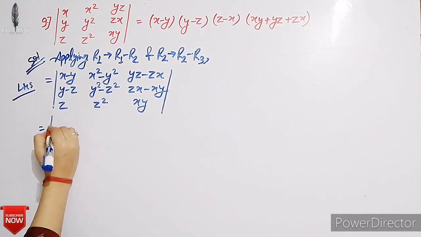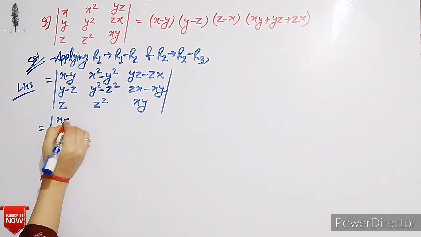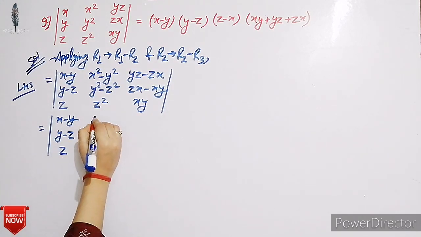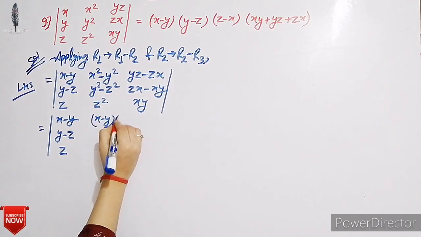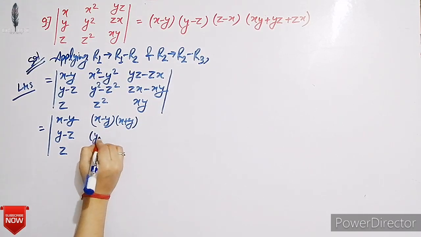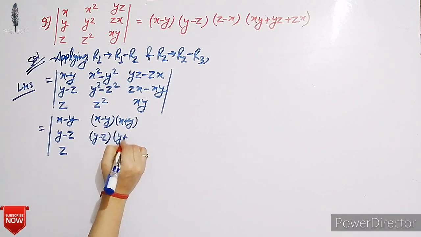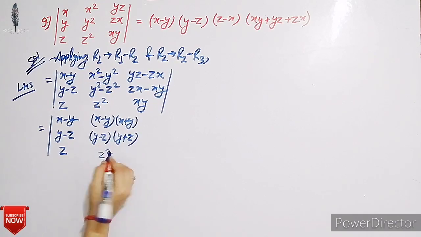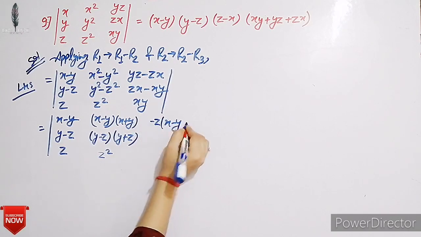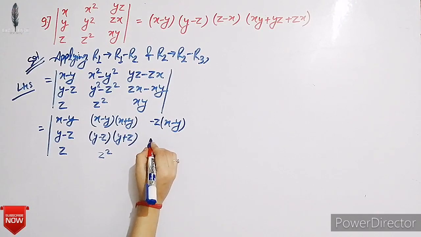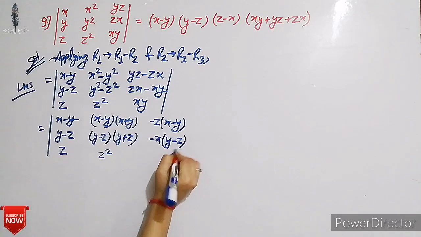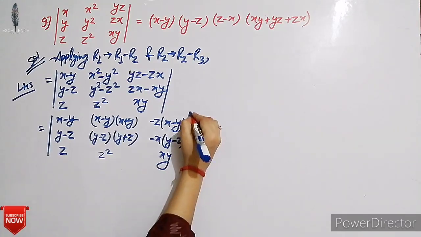This can be written as x minus y, y minus z, z. Here x minus y, x plus y using the identity of x square minus y square. Here y minus z, y plus z. Here z square. And here minus z common, then we get x minus y. Here minus x common, then we get y minus z, and here xy.